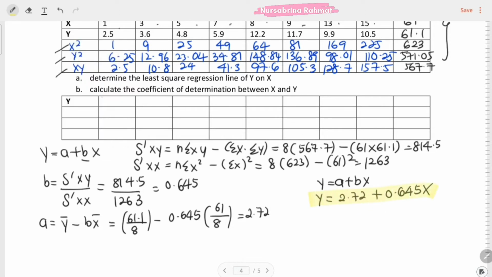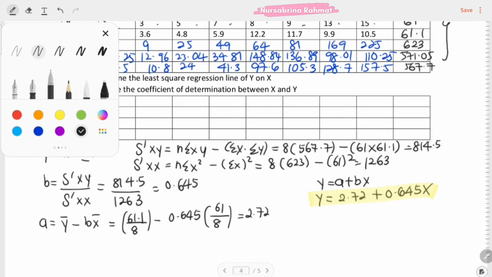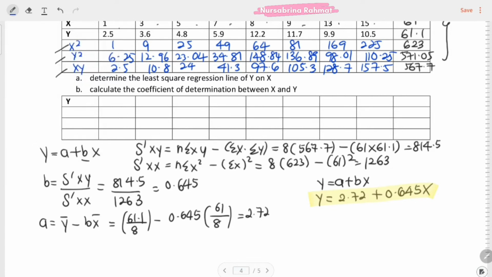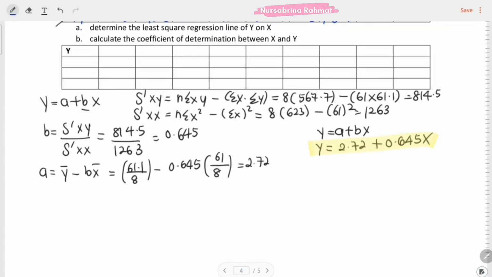Okay, so from here, they ask you to calculate the coefficient of determination between X and Y. As I told you, for this question I'm going to use this new formula.